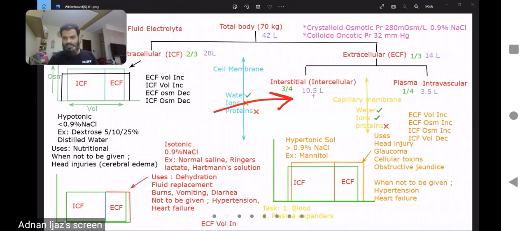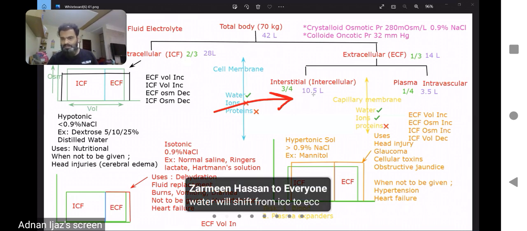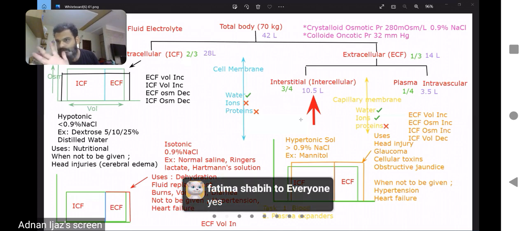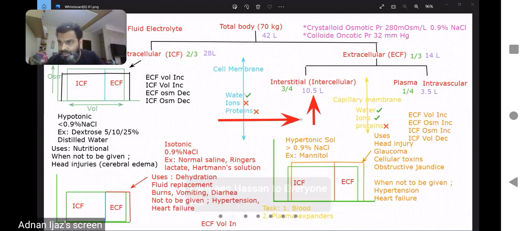By giving this solution the osmolarity here will increase. Can you follow this red arrow? Osmolarity increased, so water will move from here to here. Very simple. Now this blue cell membrane will act as a semi-permeable membrane.